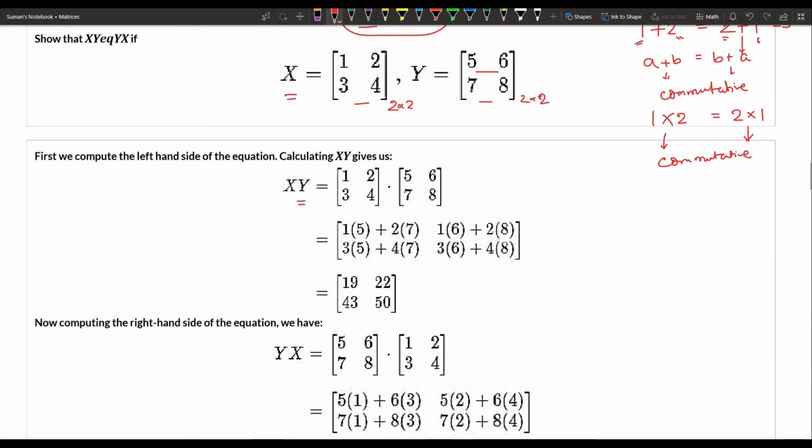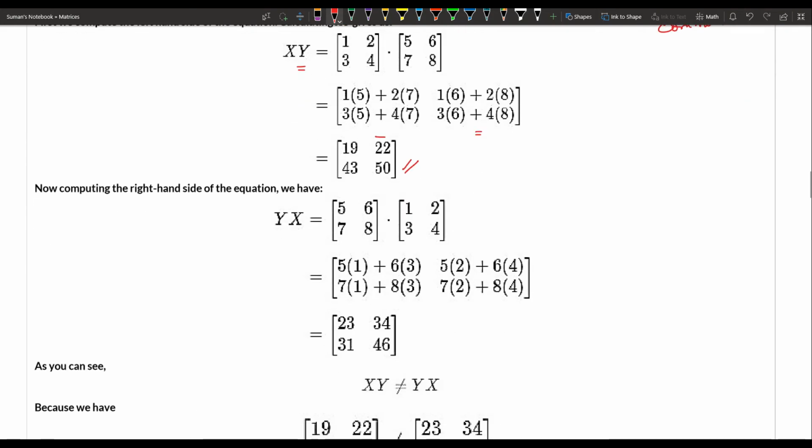So x into y is equal to 1 into 5 plus 2 into 7, 1 into 6 plus 2 into 8, 3 into 5 plus 4 into 7, and 3 into 6 plus 4 into 8. We are getting the result as 19, 22 and 43, 50. Let's check what happens with yx. Now 5, 6, 7, 8 into 1, 2, 3, 4.